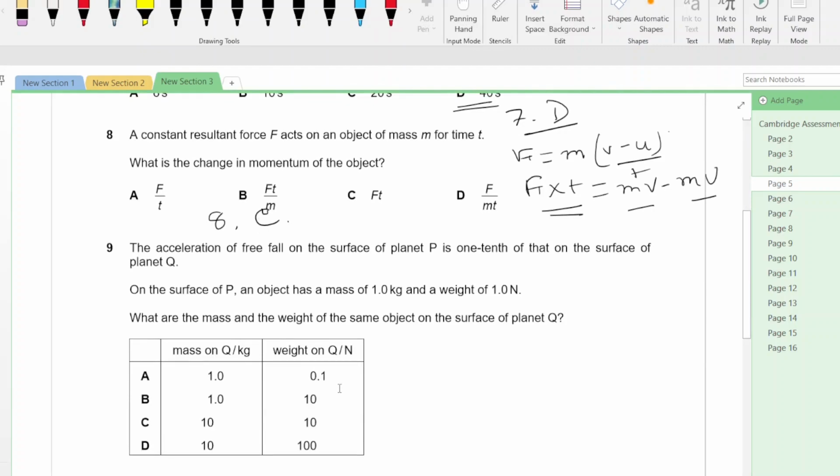And question 9. Acceleration of free fall on the surface of planet P is 1/10 of that on the surface of planet Q. Let me sketch planet P and planet Q. On the surface of P, an object has mass 1 kg and a weight of 1 Newton. 1 kg, 1 Newton.